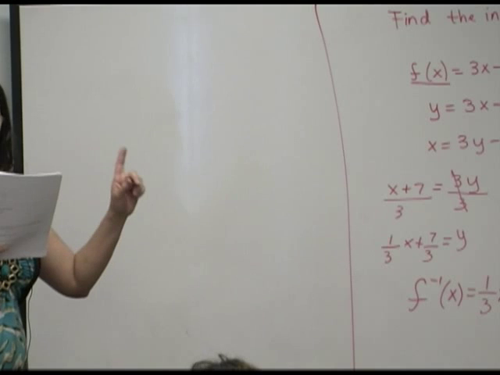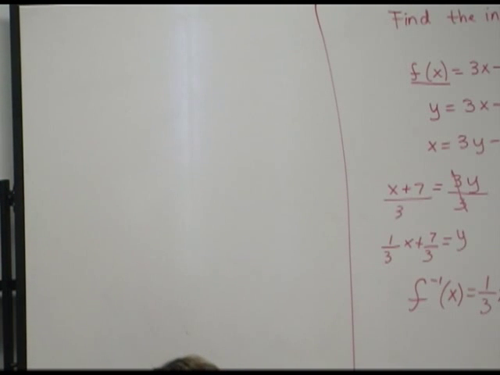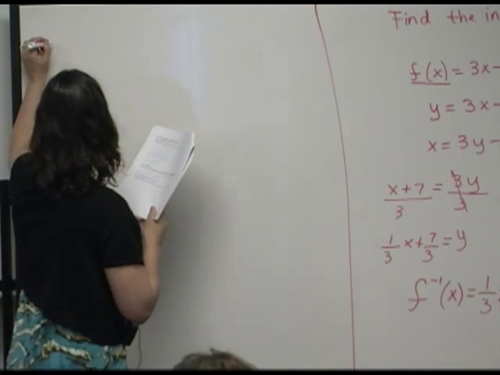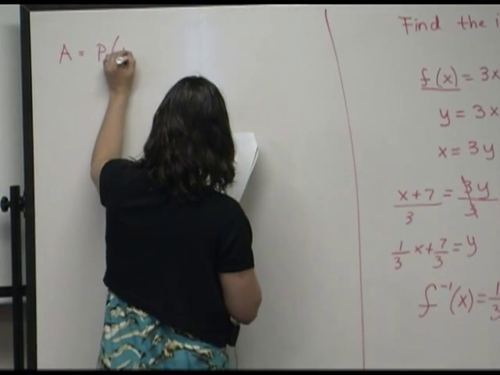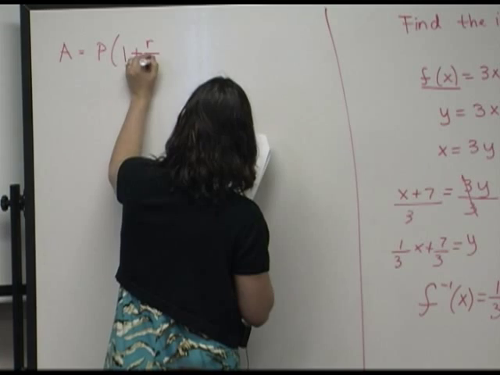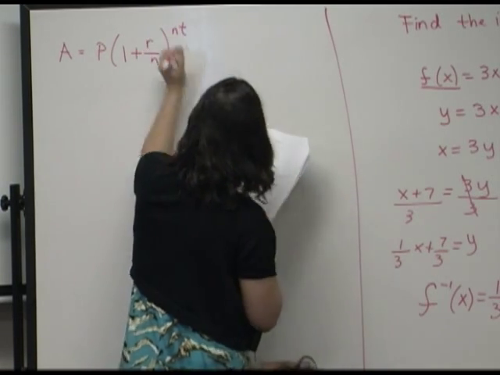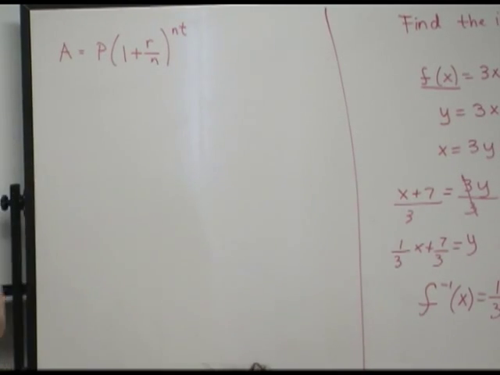So the first thing you're going to look at is interest compounded quarterly. So you know it's compound interest, so you have to use the formula for compound interest. There's a different formula for simple interest. There's another one for what?